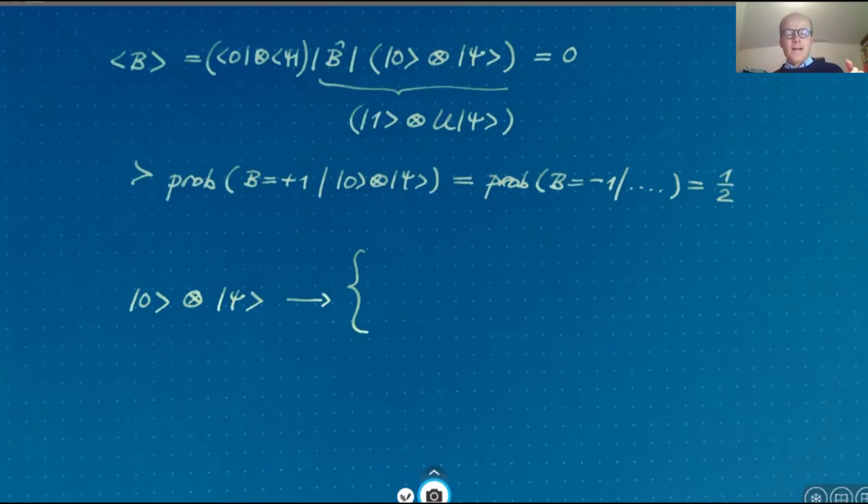The rule is that after measurement, the state is projected orthogonally onto the eigenspace that corresponds to the value that was measured.